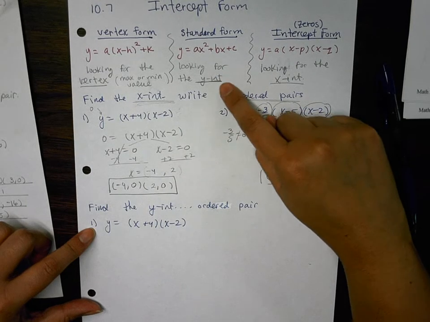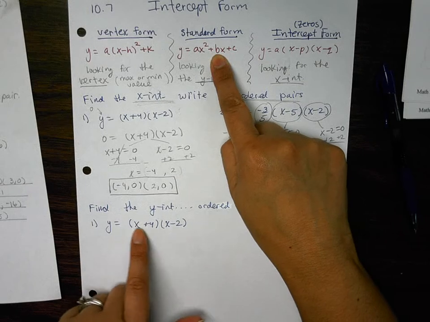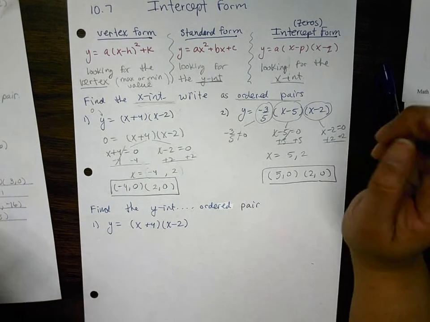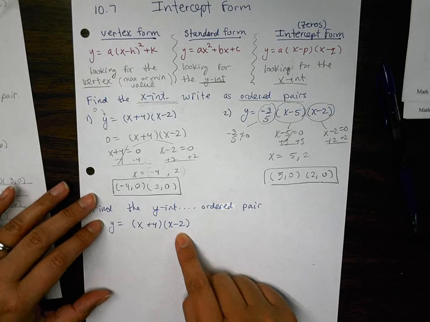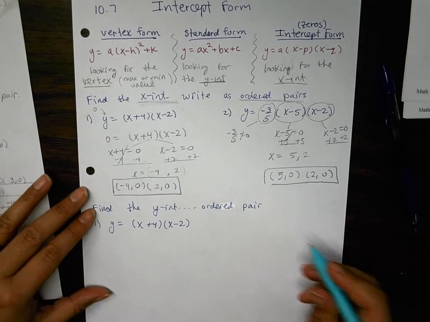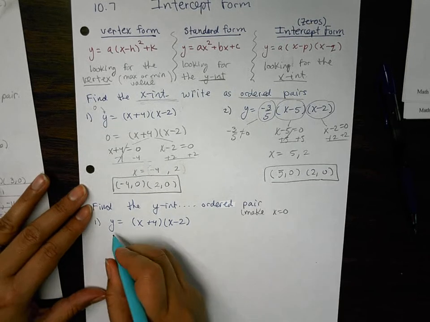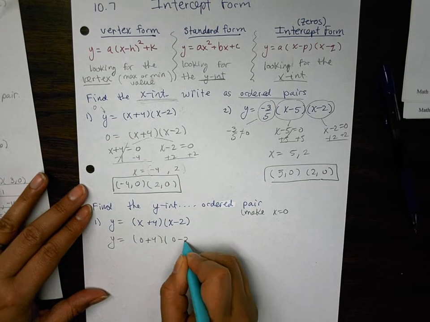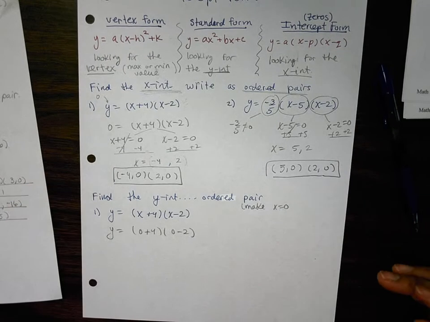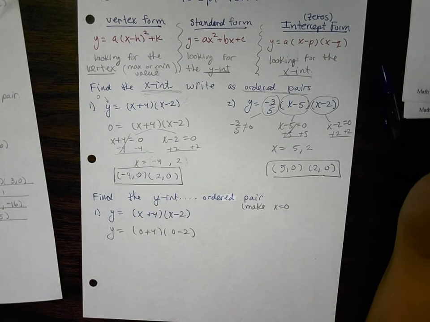Yes or no? Y-intercept is nice when you have it in standard form. Is this standard form? No. So can I look at it and say, oh, it's the last number, negative 2? No. What do we have to do to find the y-intercept? Make x what? Make x equal to 0. There's actually work here. 0 plus 4, 0 minus 2. Go ahead and solve.